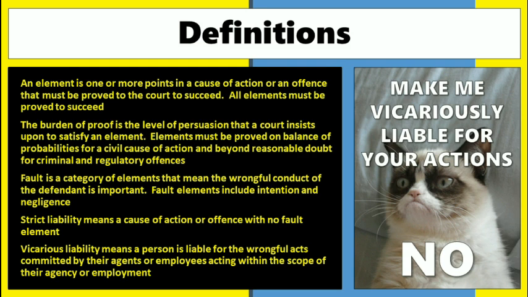So vicarious liability simply means that if your agents are acting within the scope of their agency, or employees are acting within the scope of their employment, you are going to be liable as the principal for their actions in tort law.